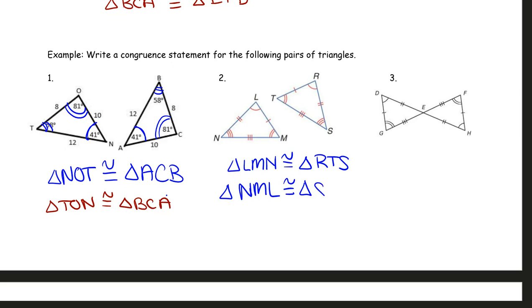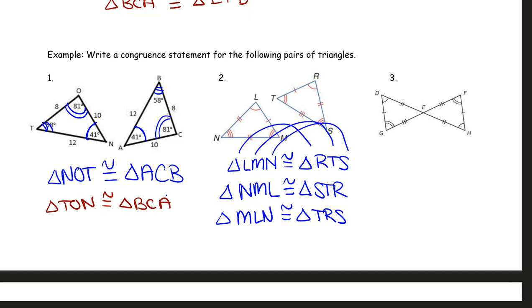Then I would have to call this STR. Or I could do MLN, and this would be TRS. Any of these work, all because L and R match up, M and T match up, and N and S match up.